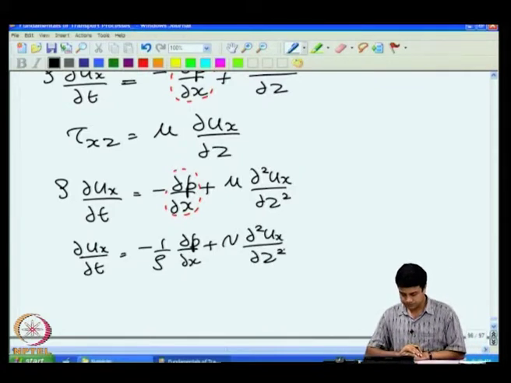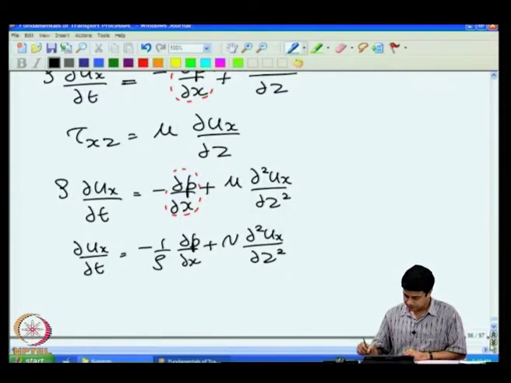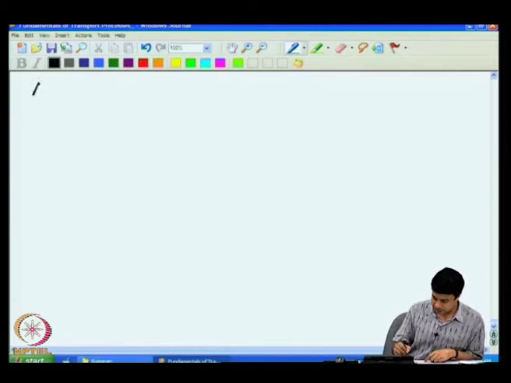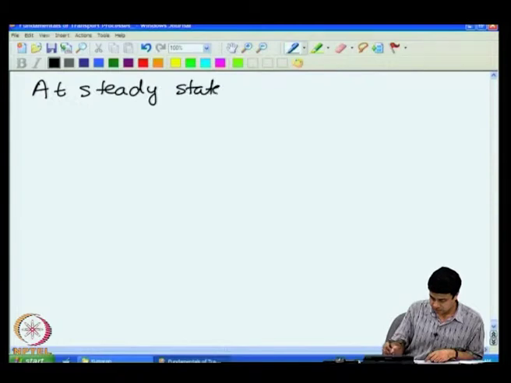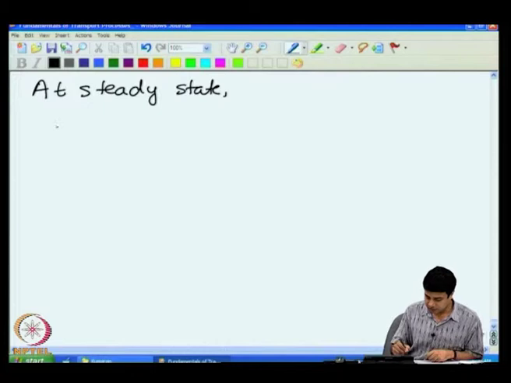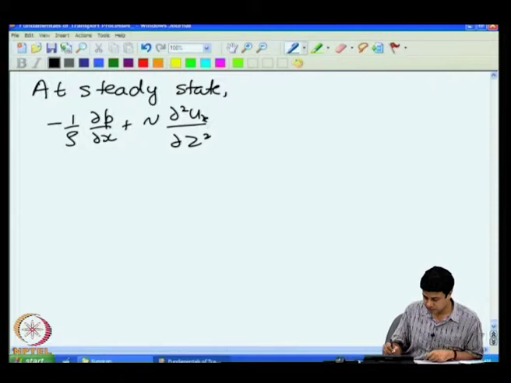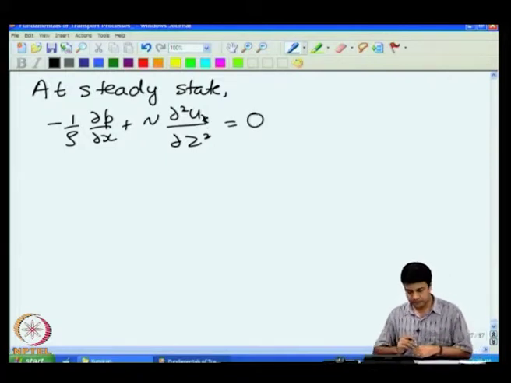And at steady state, dux by dt is equal to 0, and therefore, my equation just becomes minus 1 over rho dp by dx plus nu d square ux by dz square is equal to 0.